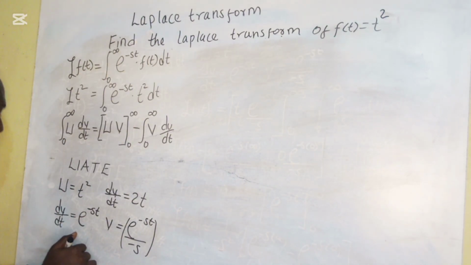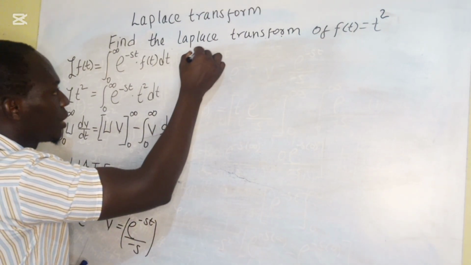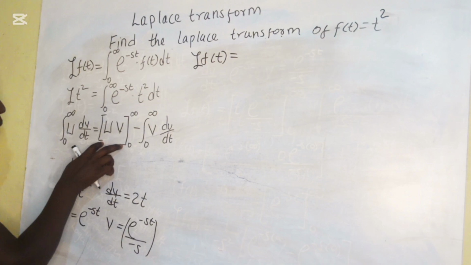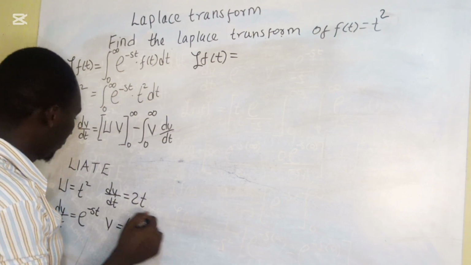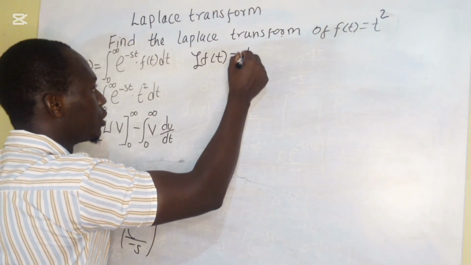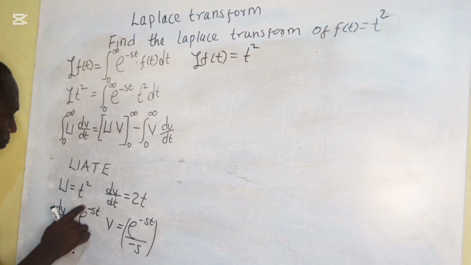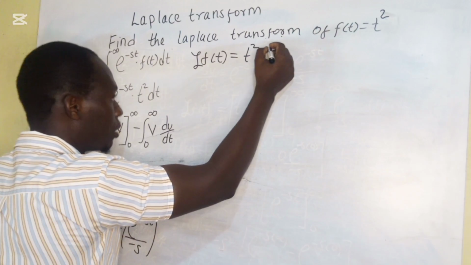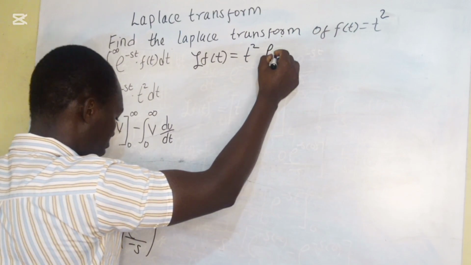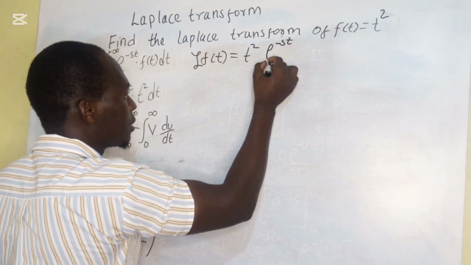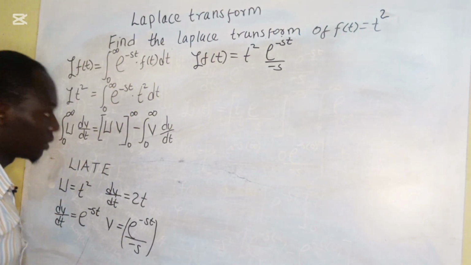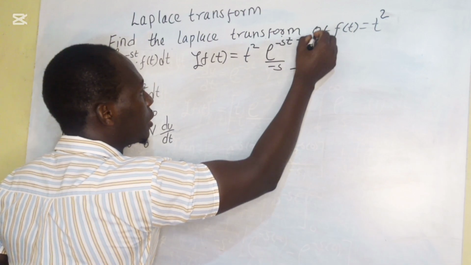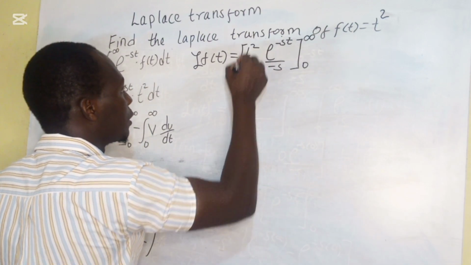Let us now get into our working, whereby the Laplace transform of our function f of t is going to be equal to, here our u is equal to t squared, our v is equal to exponential negative st all over negative s. We come and insert our limits.